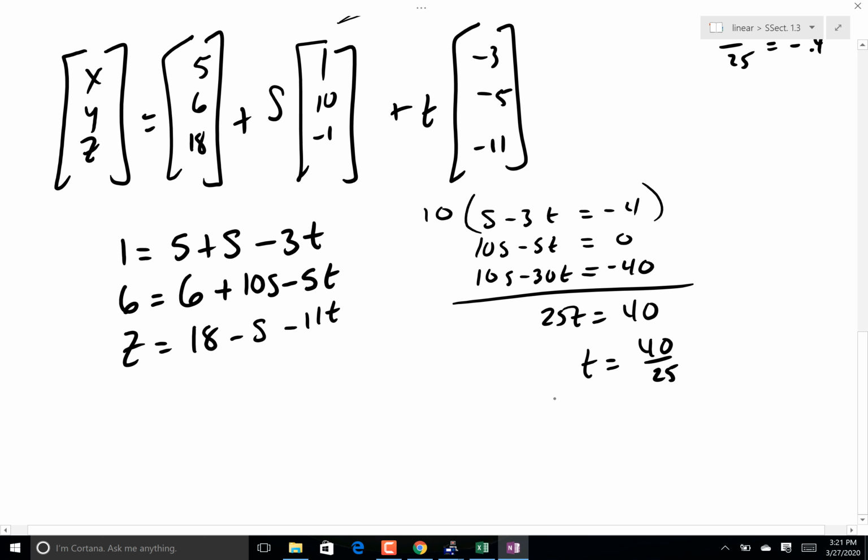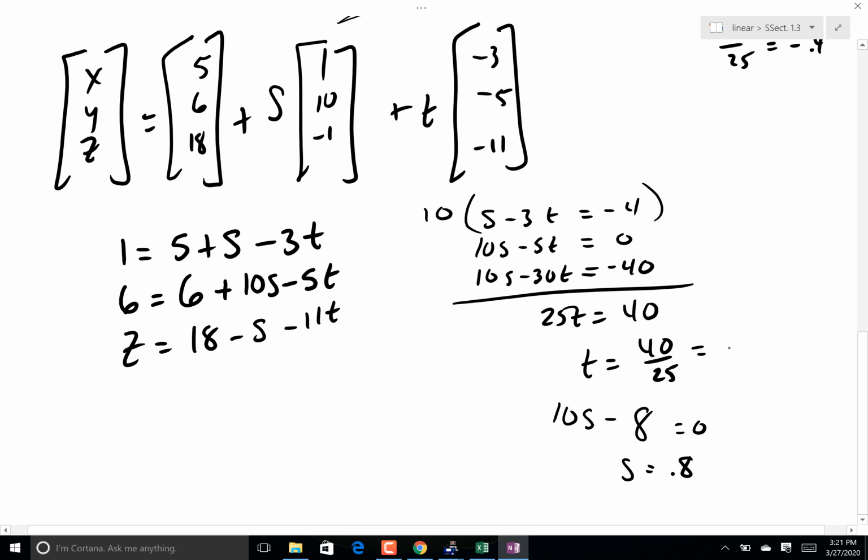Great. So 10s minus 5 times 45ths, I believe, which is 8, isn't it? That should be 8 then. So then s is equal to 8/10, which is 0.8.